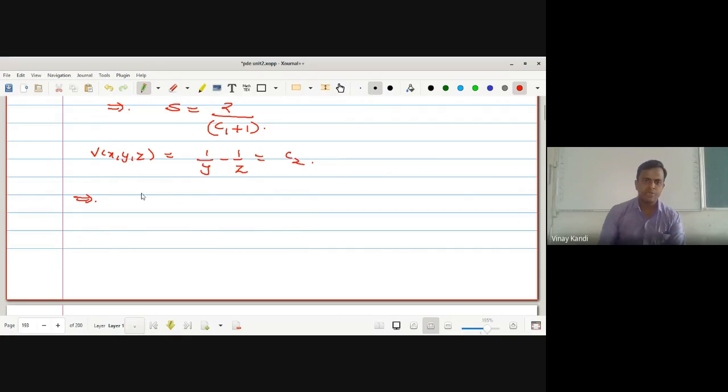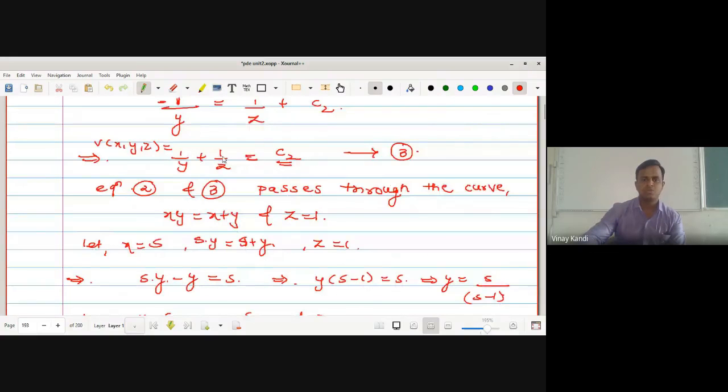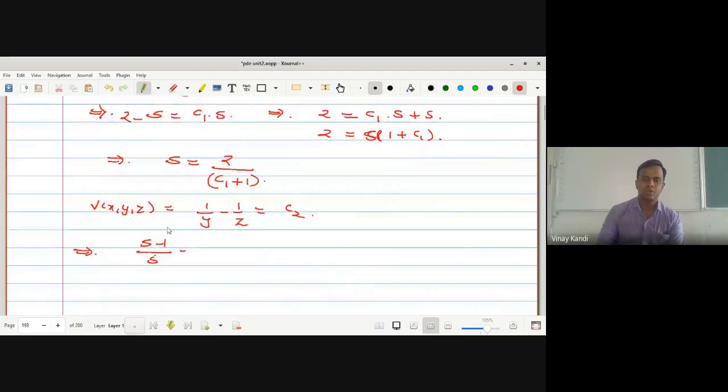So here we get 1 upon y as (s minus 1) upon s, plus 1 upon z. What is the value of z? It is 1. So here we get 1, which is equal to c2.